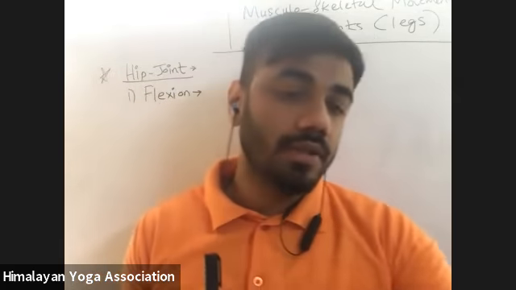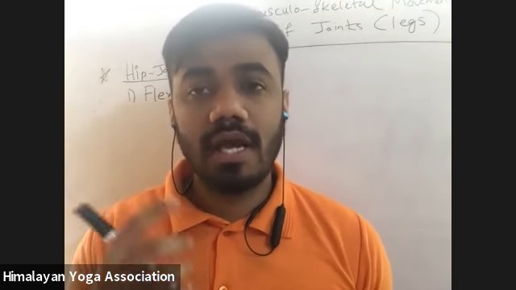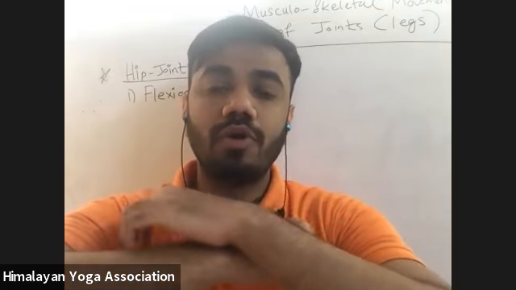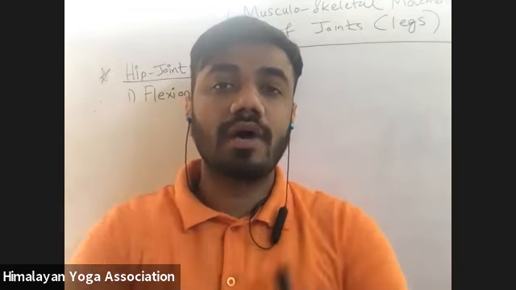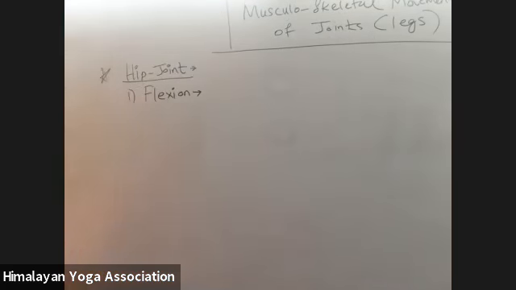Whenever we lie down on our back and raise our leg up, that is also hip flexion. If we fold our leg and hug our knee, that also brings hip flexion.